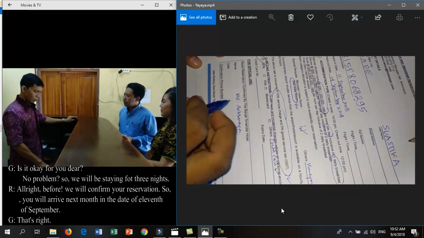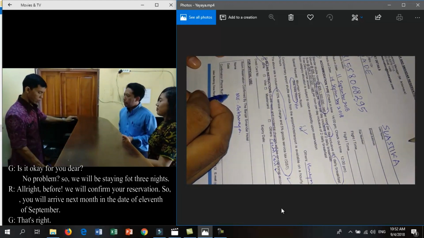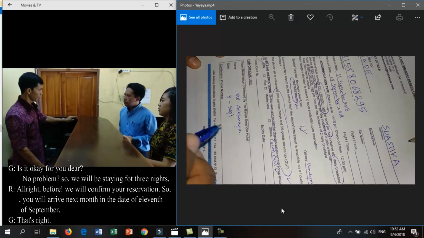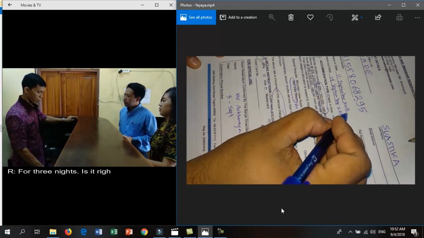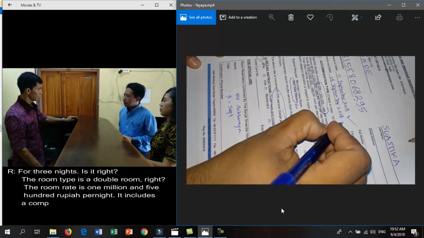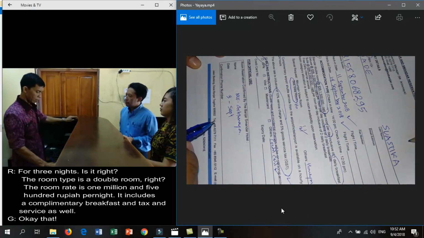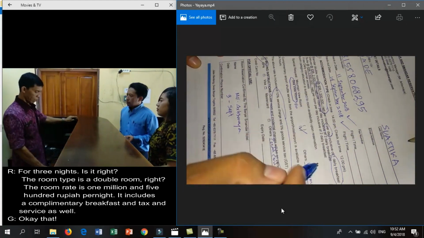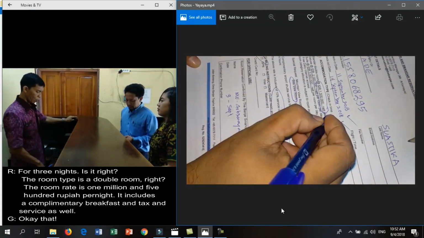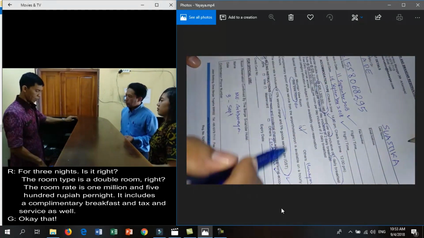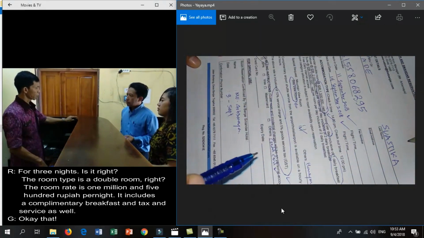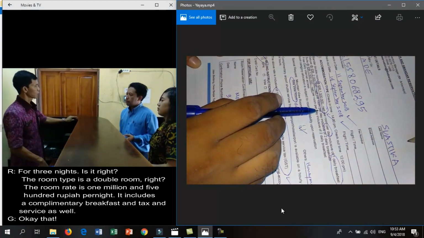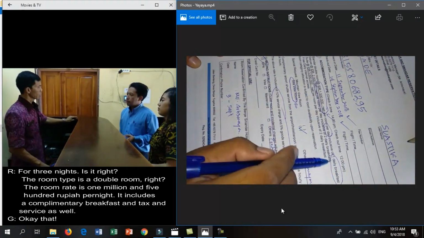So, you will arrive next month, on the 11th of September. Okay, that's right. For 3 nights. Is that right? And the room type is a double room. Yes. And the room rate is 1,500,000 rupiah per night. It includes a complimentary breakfast and tax and service as well.